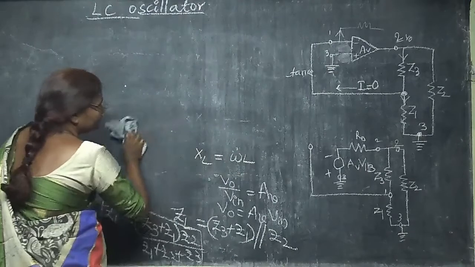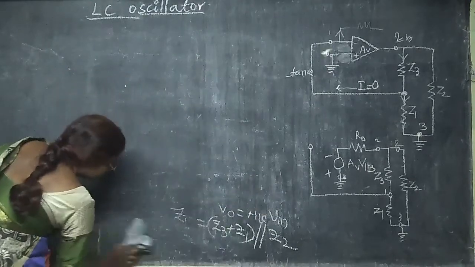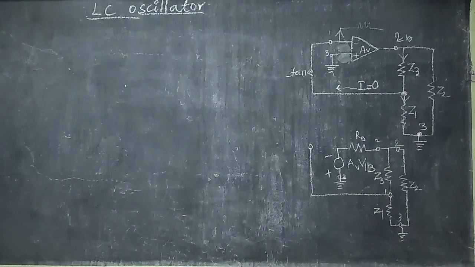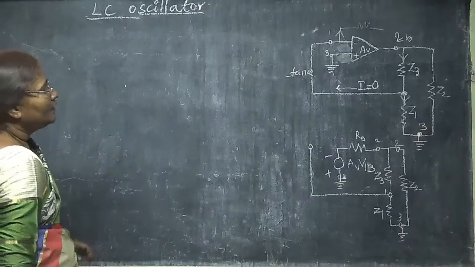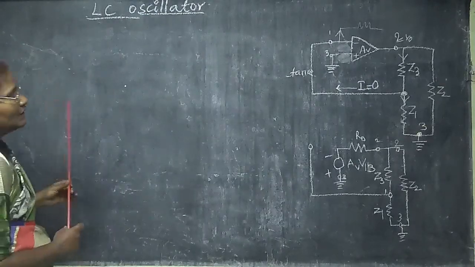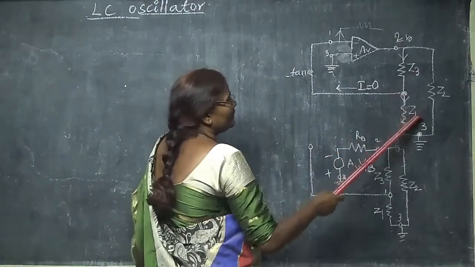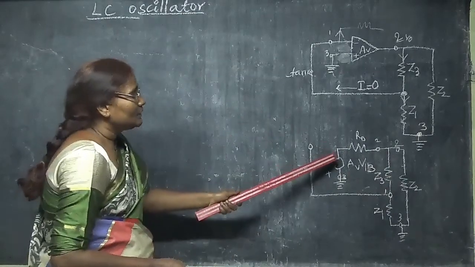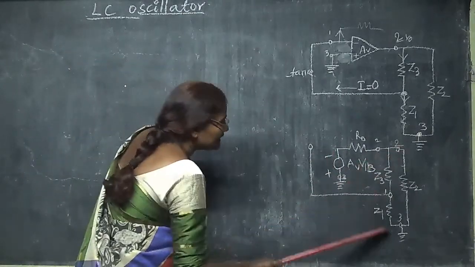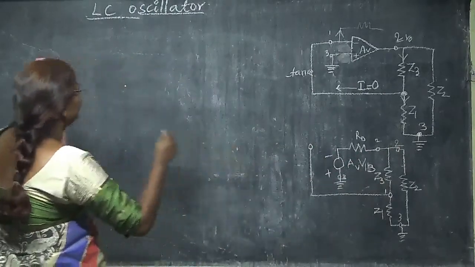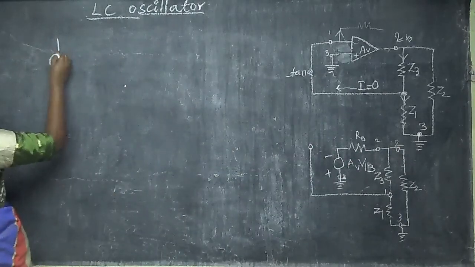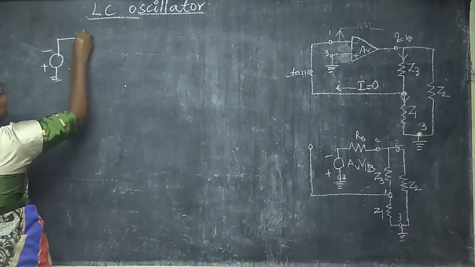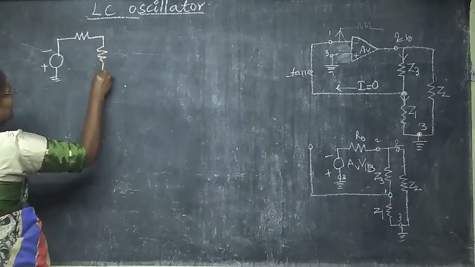Now, what we know is that we consider Z3, Z1 and Z2, and this is the equivalent circuit we are going to consider. Now, let me write the total thing as ZL and write the circuit. So, what will be my circuit? My circuit is going to be minus, plus, and R0 and ZL.